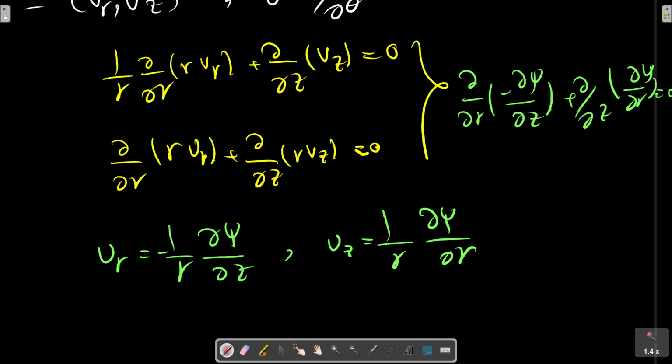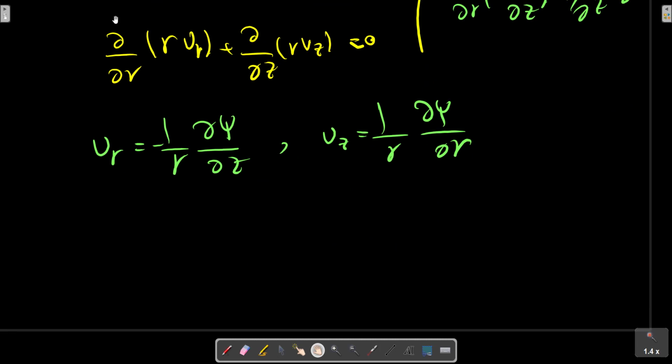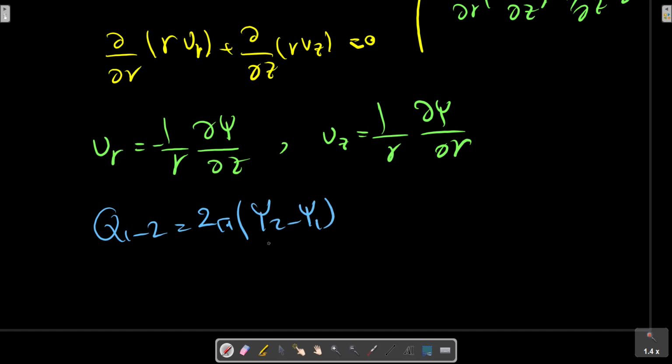In this case, to calculate the volume flow, we have 2 pi times the change in psi.